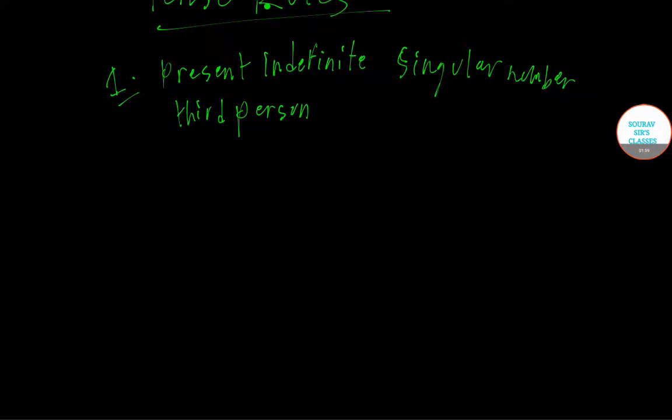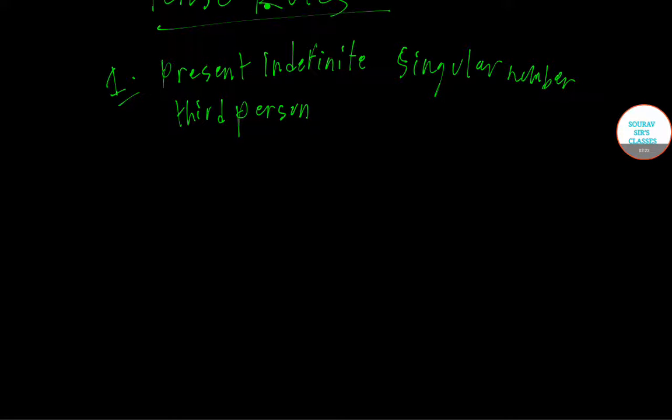We are all familiar with it, just that we need to know the rule behind it. Instead of mix, we use mixes. Instead of catch, we use catches. Because mix ends in an x, we add es, and since catch ends in ch, we add es. If it did not end in any of these, we just add an s to it.